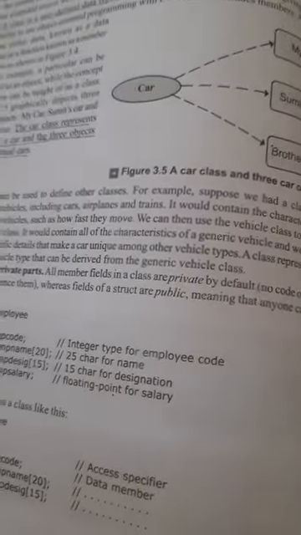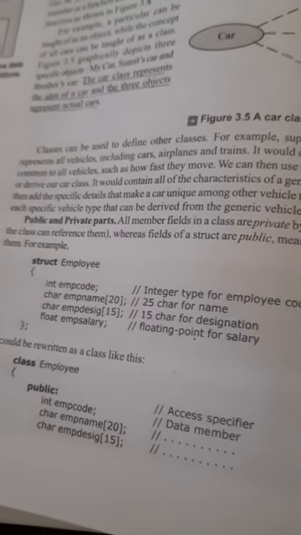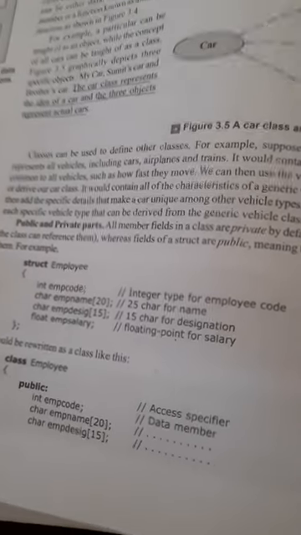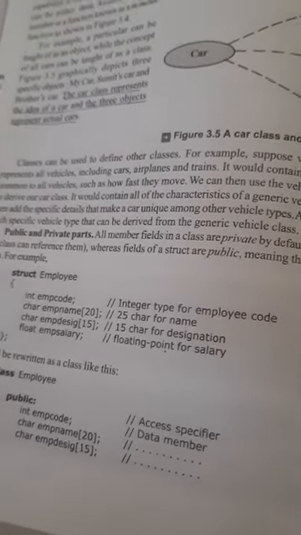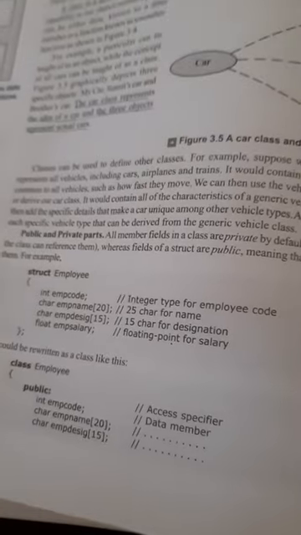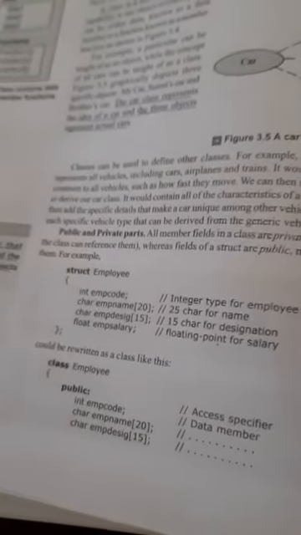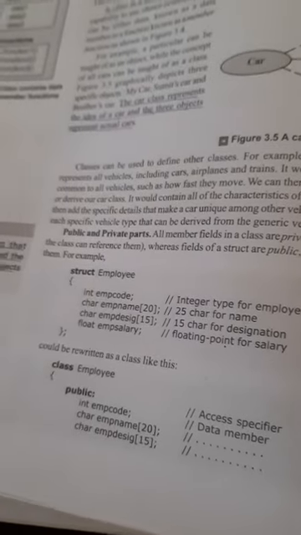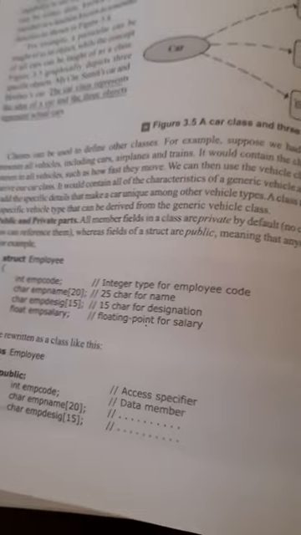Before, structured programming was used a lot, but as the complexity of the program increased, structured programming itself was not secure enough. In terms of security and in terms of the complexity of the program, structured programming itself could not solve the problem.